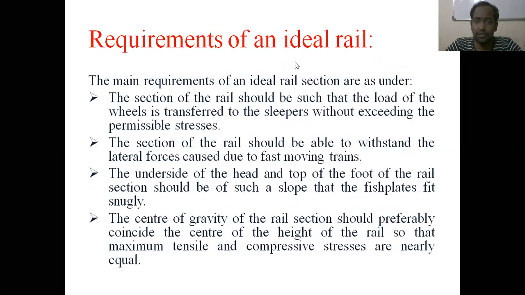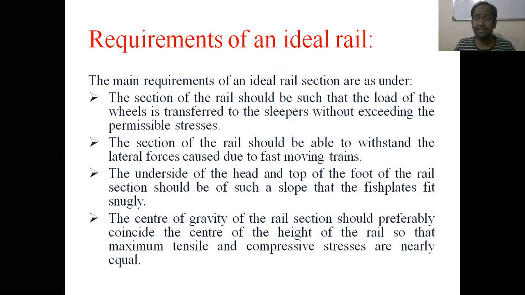So next is the requirements of an ideal rail. This is the most important one. You have to remember that, and this is an important question. What are the requirements of the ideal rail? The section of the rail should be such that the load of the wheels is transferred to sleepers without exceeding the permissible stresses. Understand?